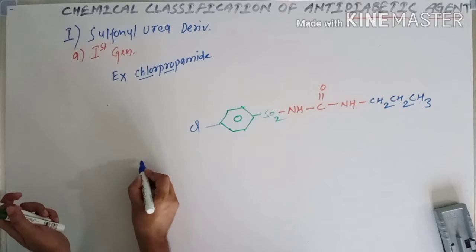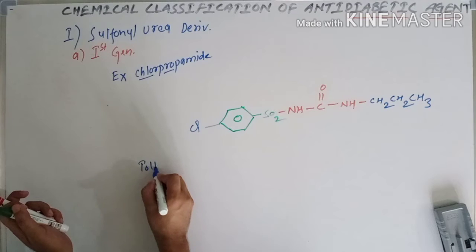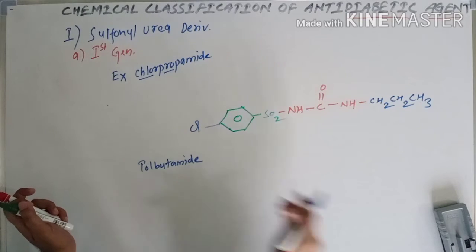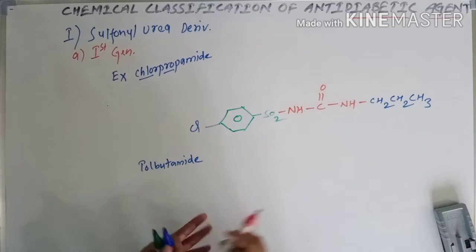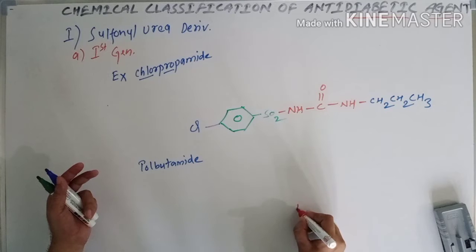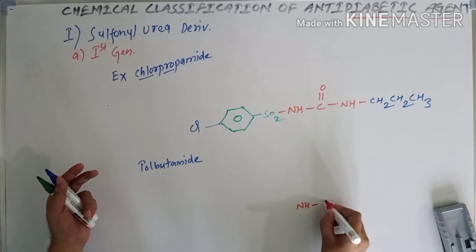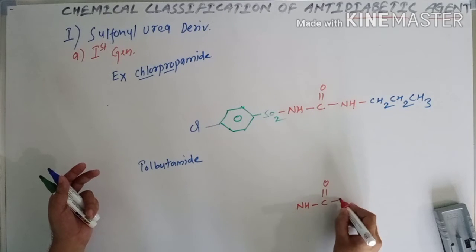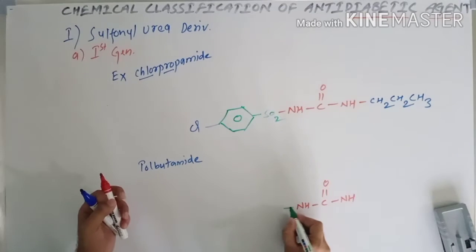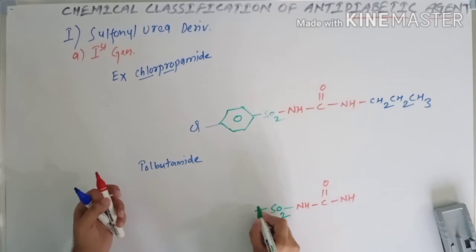There is another drug in this category, tolbutamide, and tolbutamide has the following structure. It is also an example of sulfonylurea. So first this is your urea, NH, C double bond O, NH, and this is your sulfonyl group.